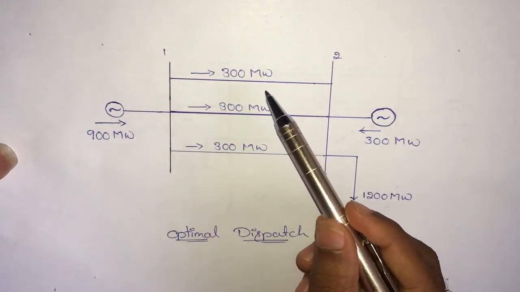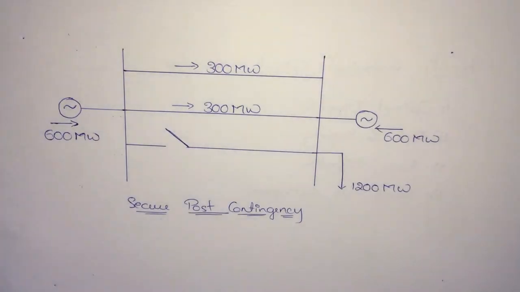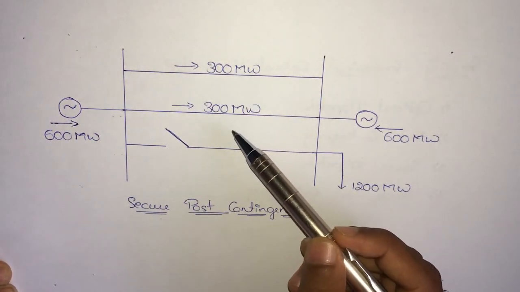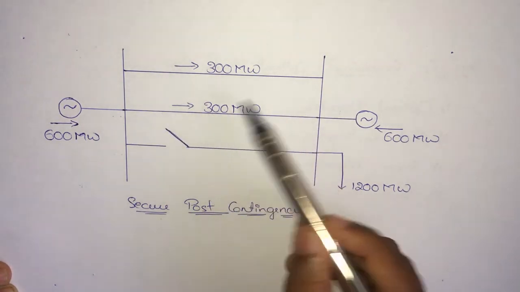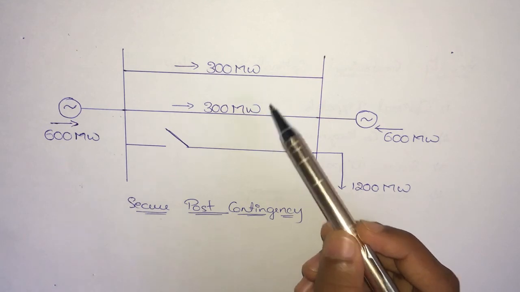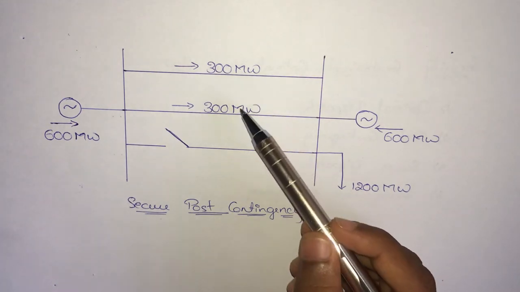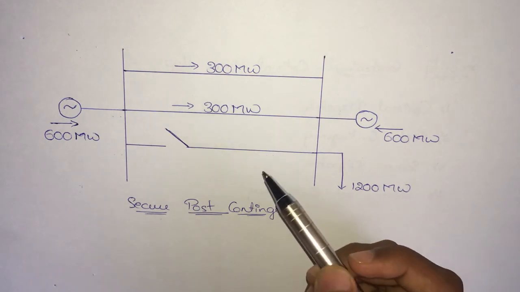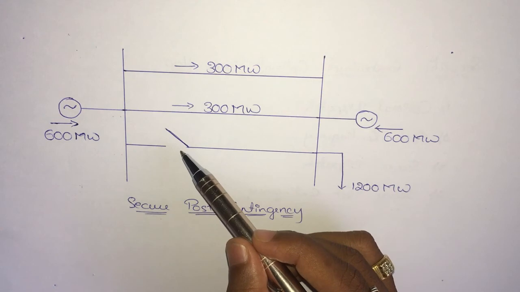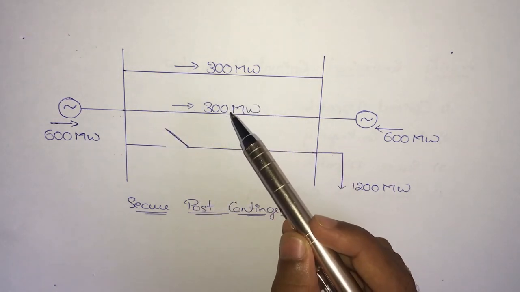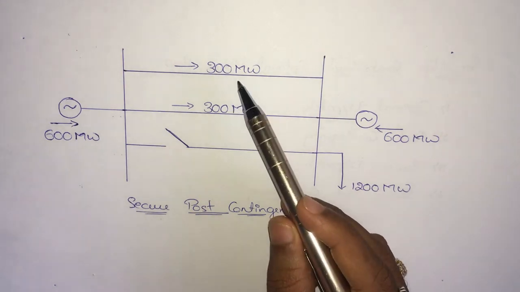Yes, here we can see in optimal dispatch we had 300 and 300 megawatt, and now we also have 300 and 300 megawatt. Yes, there is no violation of the line power flow. We have a maximum of 300 megawatt. This is the state where the system is secure after a contingency. Even though the contingency has occurred, the system is secure because there hasn't been any violation of the line flows.